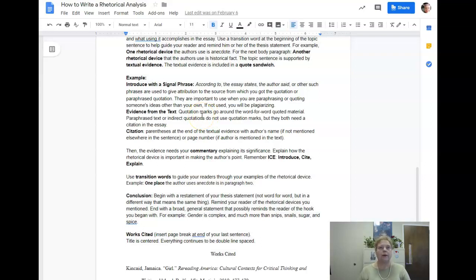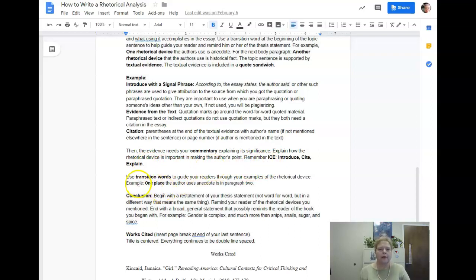You have to explain to them how this example that you pulled from the text actually helps the author make her point in this. And so sometimes I refer to this as icing your textual evidence. So introduce it. Be sure after you put the information in there, you cite it with the in-text citation, and then you explain it. That's the icing that I'm talking about.